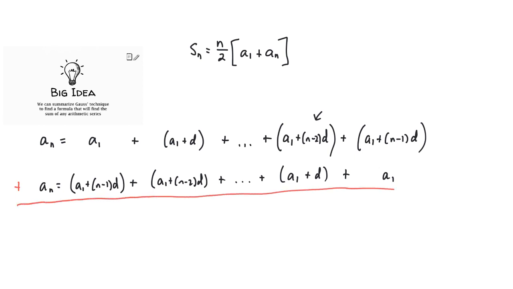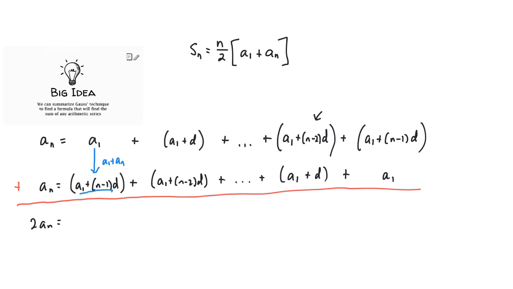It's a legitimate operation. On the left-hand side, when I add S sub n plus S sub n, I get 2 S sub n. And what I get on the right-hand side is the really, really interesting part. So you really have to look at this. Note that if I add a1 plus a1 plus n minus 1 d, I get a1 plus an. That's kind of obvious, right? a1 plus the explicit formula right here for an.